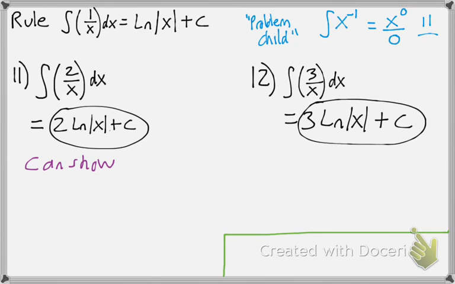If you want to factor a 2 out of the integral, that will leave you with a 1 over x dx, and then the 1 over x becomes the ln of x, and you have the plus c, and then that 2 comes down. So if you want to show technically what's going on here, you can, but it will always just work where the number, as long as it's a constant or a coefficient, will just follow along with the ln of x.